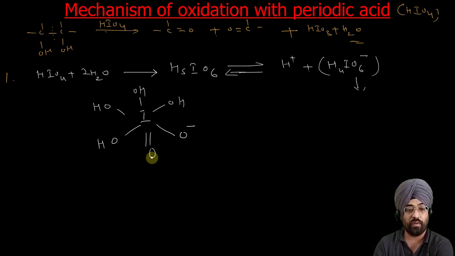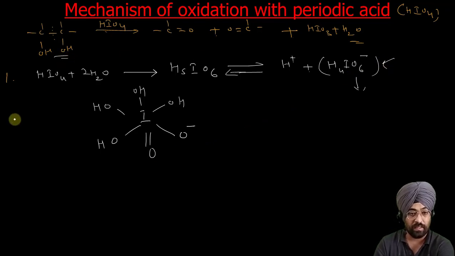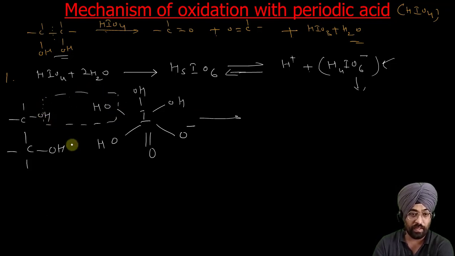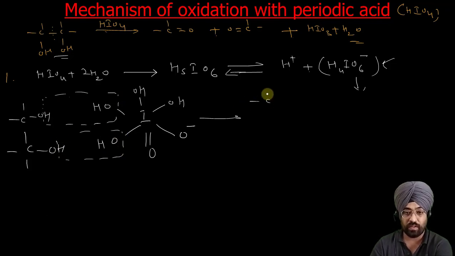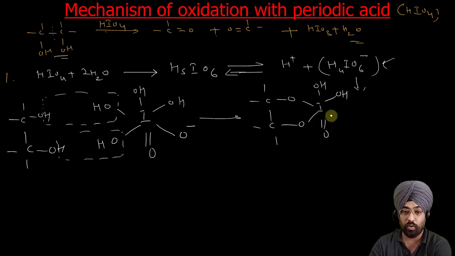After getting this, it reacts with your diol like this, COH, COH, they react and this water gets removed. So you will get a cyclic C-O-I species with OH, OH, double bond O negative.